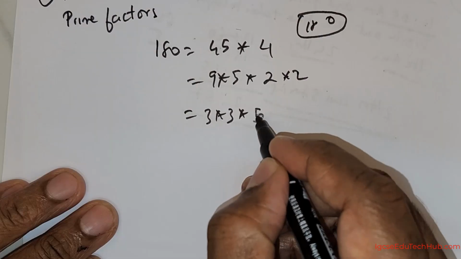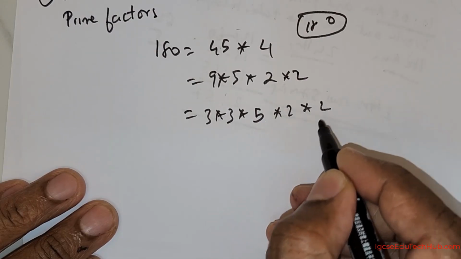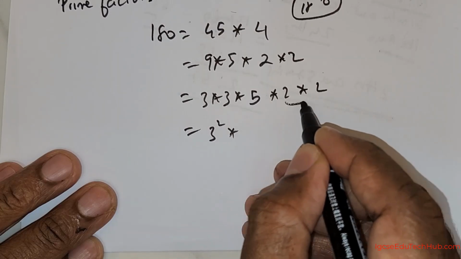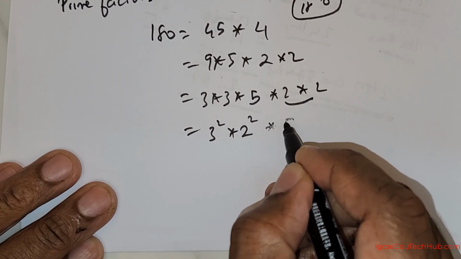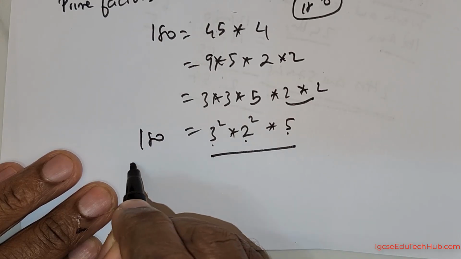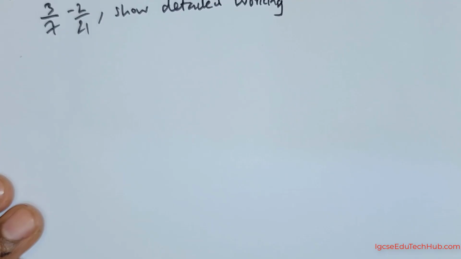And you have 5 there. That's a prime number. 3 I can rewrite as 3 squared, and this as 2 squared, and then 5. So 5 is a prime number, 2 is a prime number, 3 is a prime number. And that is the solution for this question.